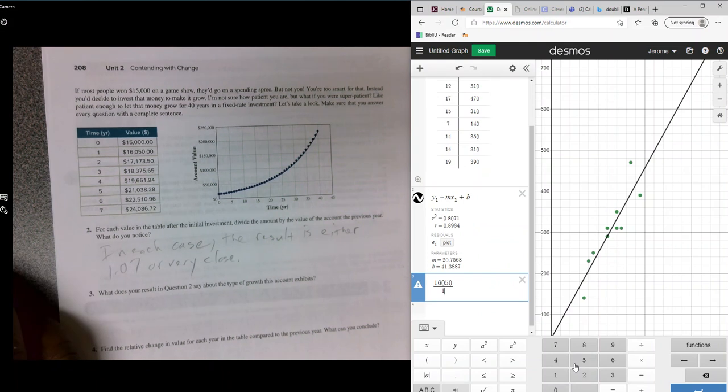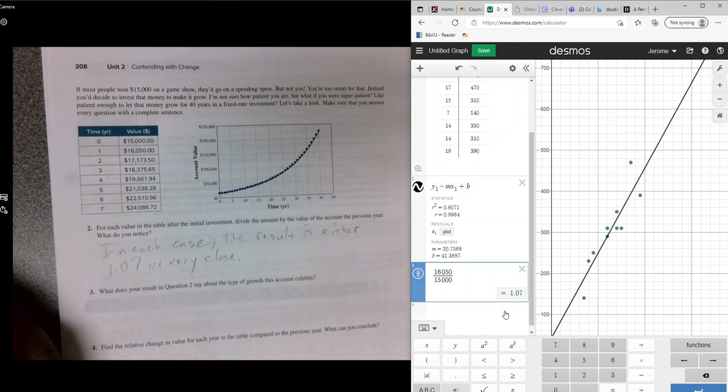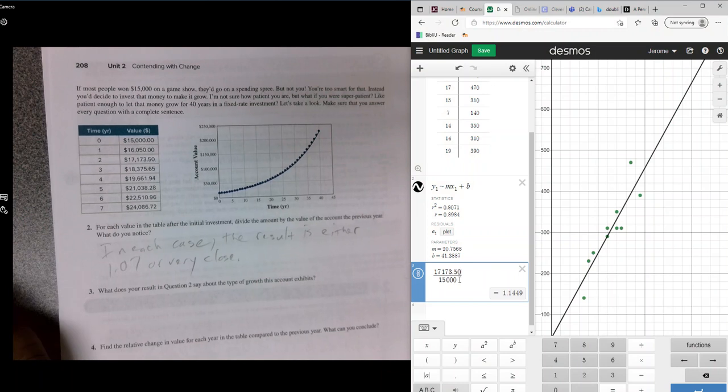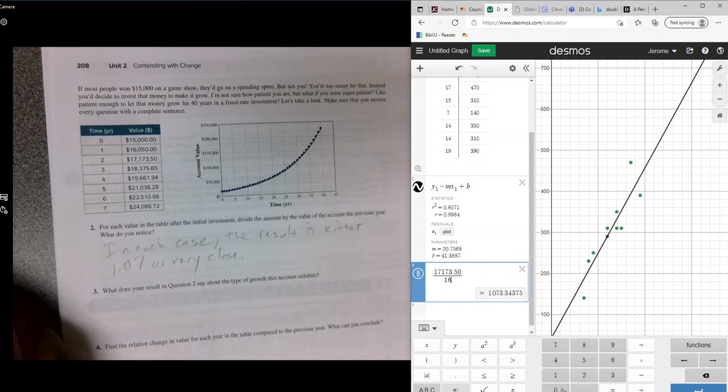And then I would do the 17,173.50, and that'll be divided by that 16,050. And that gave us 1.07. So if you keep doing that, you're going to get 1.07 or something very close.